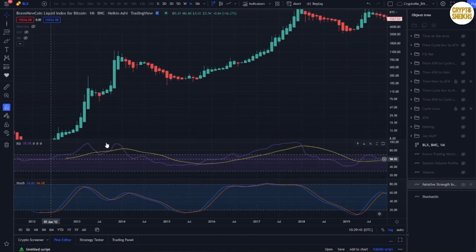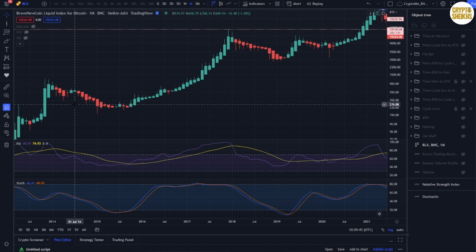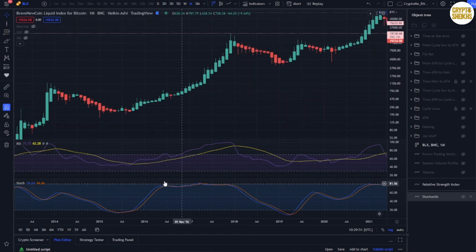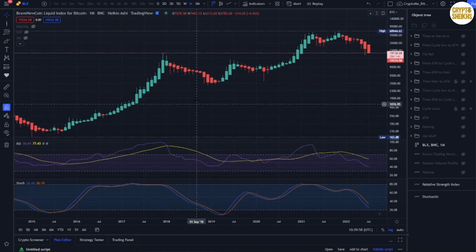But anyway, this was too early. This is the 2014 bear market. And then here, Bitcoin went a little bit under this level. Oversold, oversold, oversold.